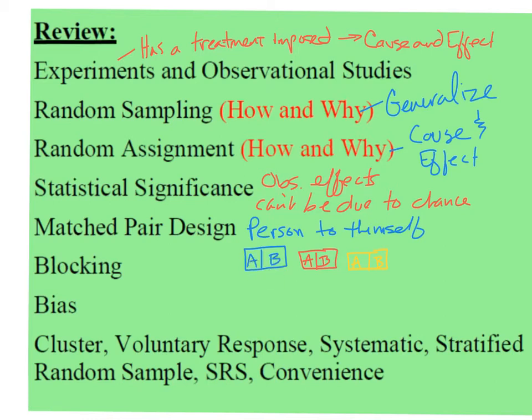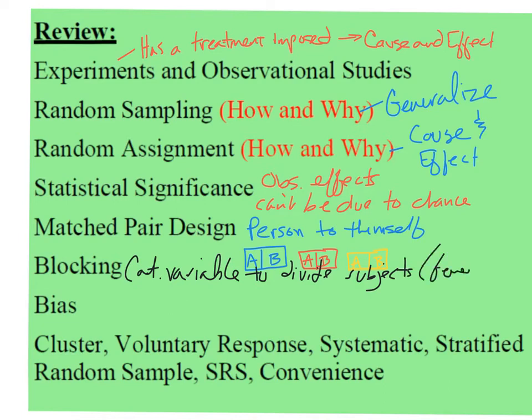All right, blocking. Blocking is another experiment design idea where we use some categorical variable to divide subjects before we experiment. You can block by, I'm going to write it down, gender.